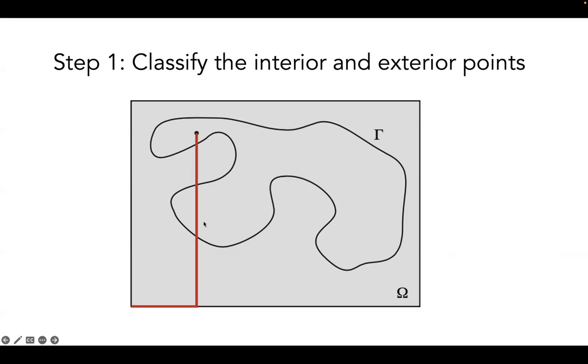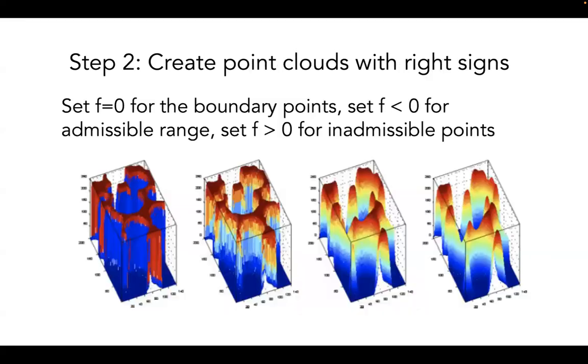So I just need to have a point inside and a point outside, and now I count whether I have an even number of crossings of the boundary or an odd number, and then I can identify whether the point is inside or outside. That is one simple trick. And once I have the inside and outside data, I can start.